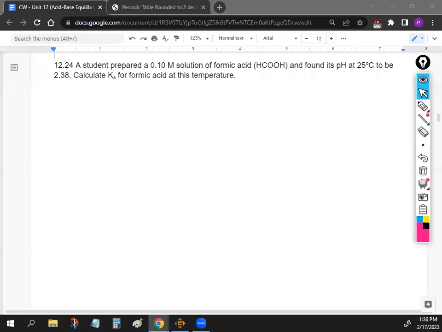First, what we have to do here is write the equation for how this acid dissociates. Okay, so we have formic acid, HCOOH, and since it's dissolving in water, it's going to be aqueous. But since it's a weak acid, it's going to be a reversible reaction, so it's at equilibrium.